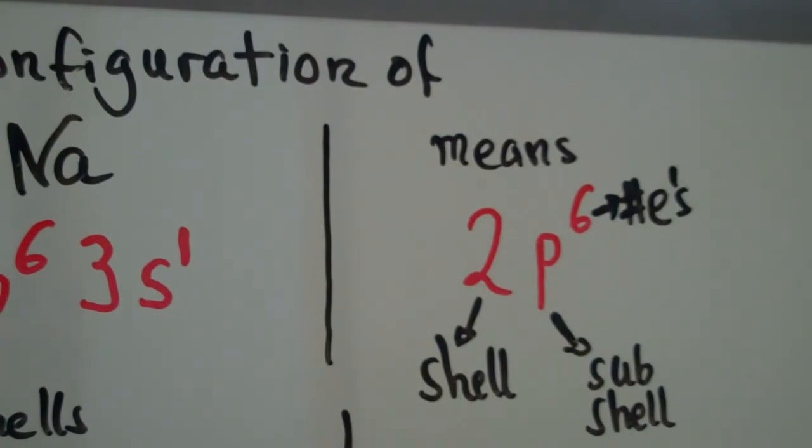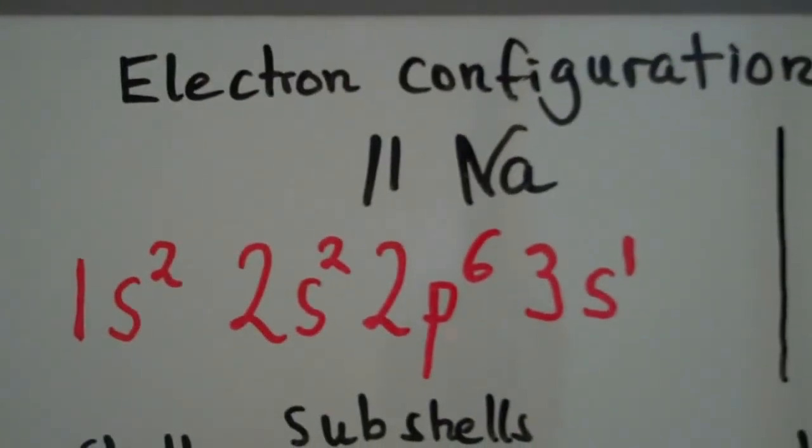The P is the subshell letter, and the 6 is the number of electrons in this subshell. So this means in shell 2, subshell P are 6 electrons. You can read now for yourself what 1s2, 2s2, 2p6, 3s1 means.